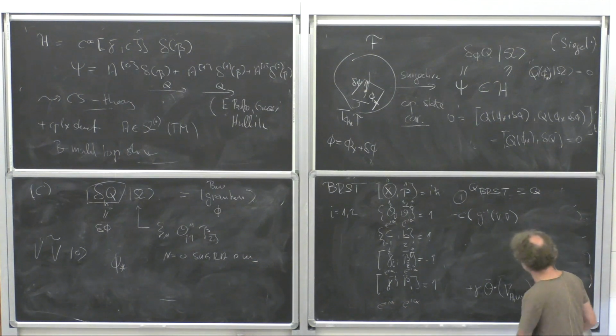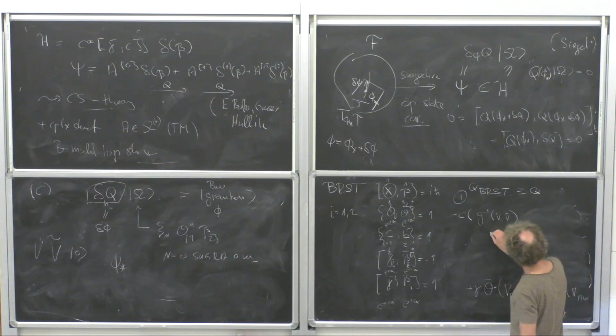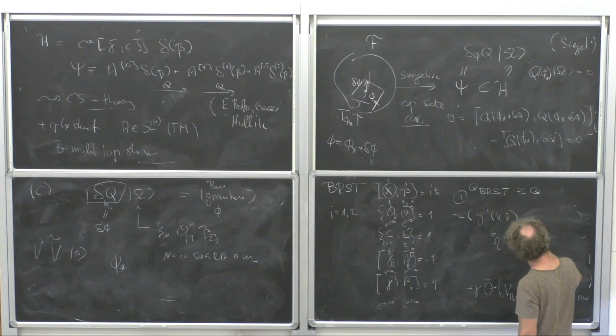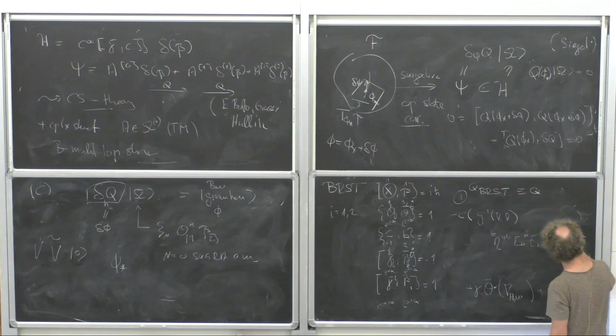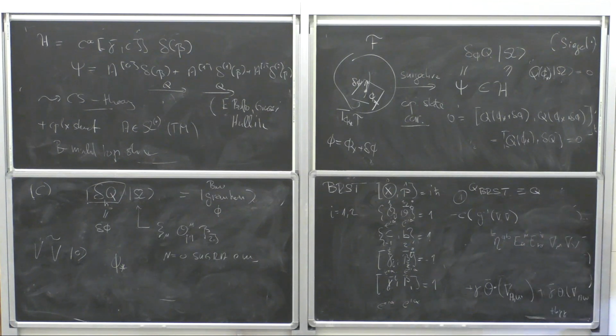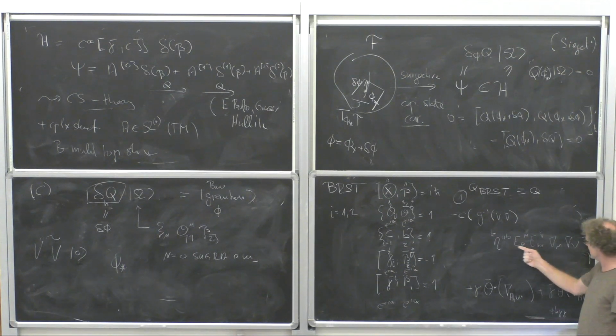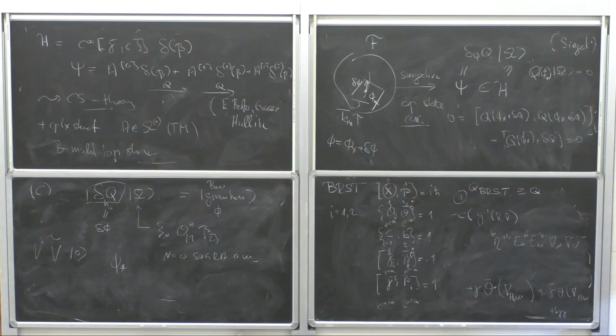What is this? I can write this as the Minkowski metric eta AB, and then e A mu, e B nu, nabla mu, nabla nu. I just use Minkowski and then some vierbeins.